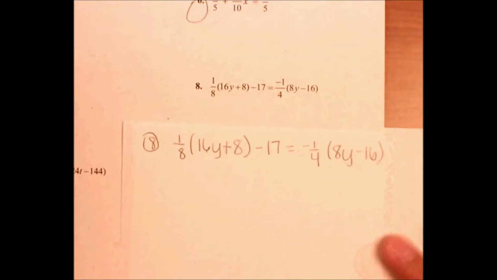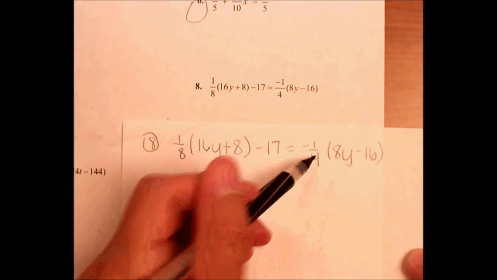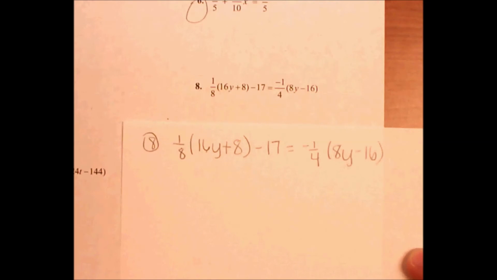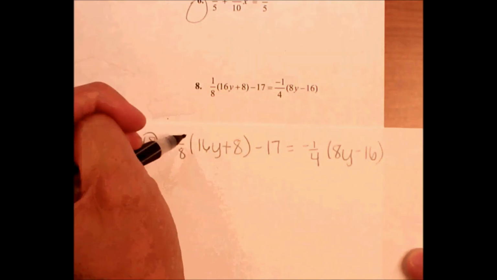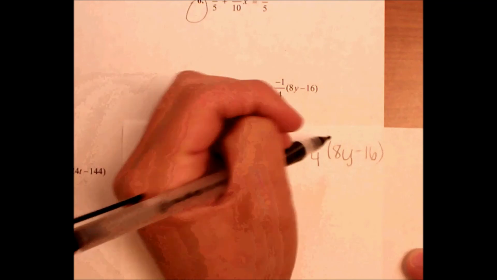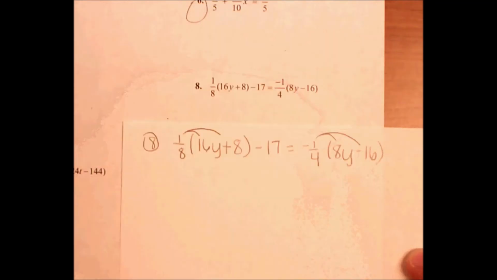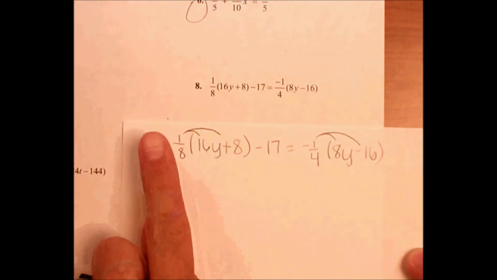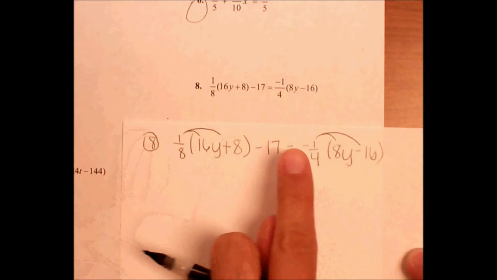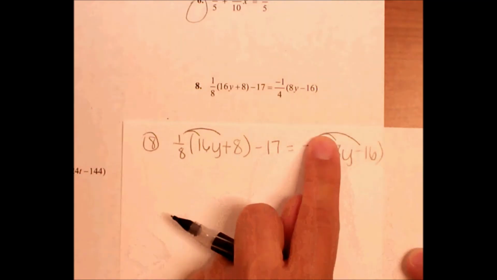Now on this problem, you could multiply the sides by 8. That's one option. Then there is also the option of just distributing the 1/8 and the negative 1/4. So again, you can do what we did on the last few problems, where you multiply this by 8, this by 8, and this by 8.